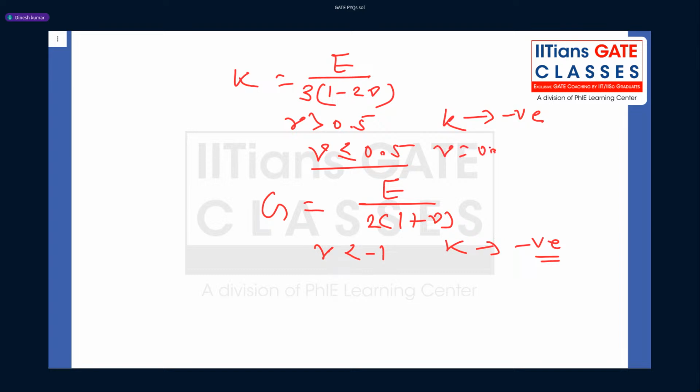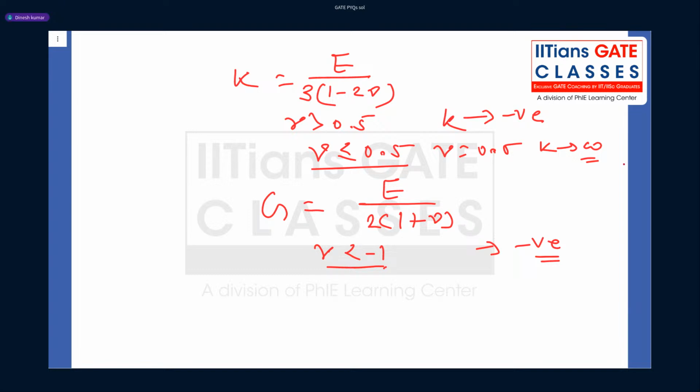When nu equal to 0.5, what happens? Your K becomes infinity. That means at that time your material is known as perfectly incompressible.